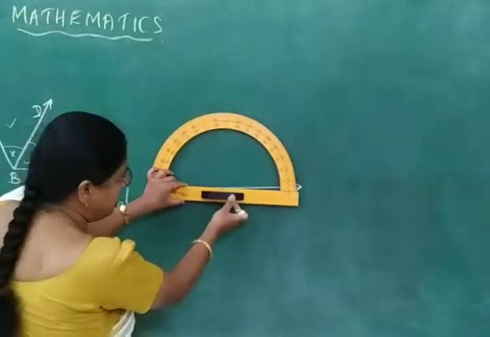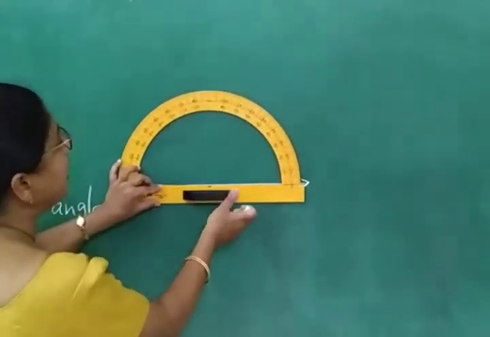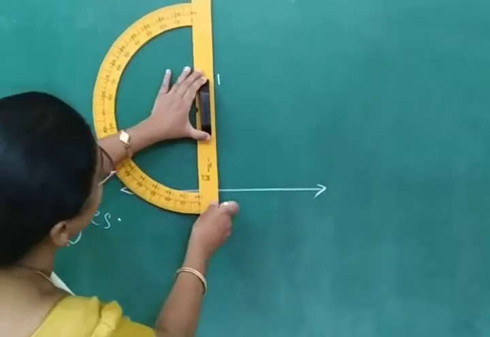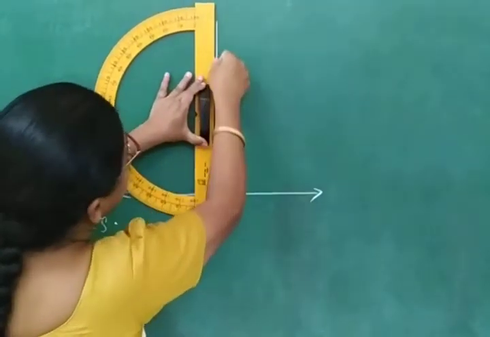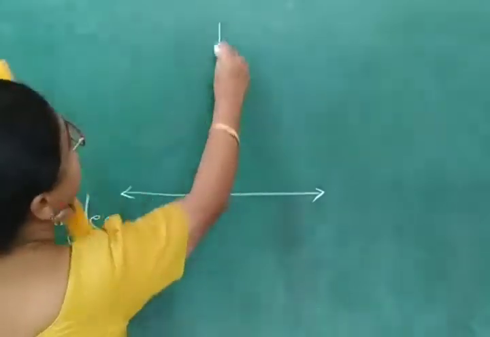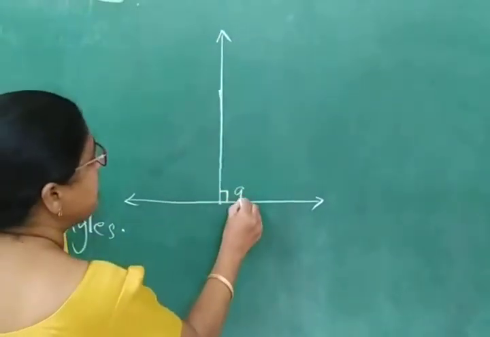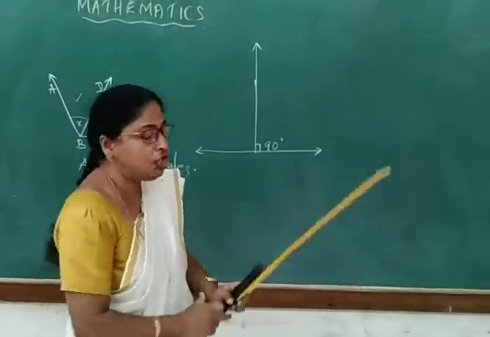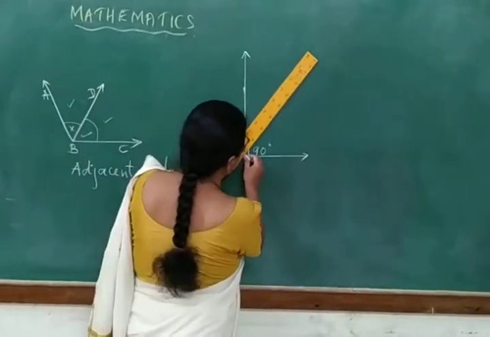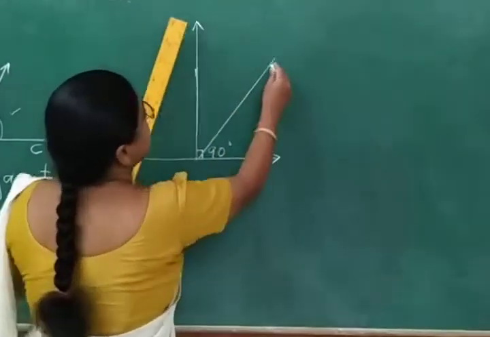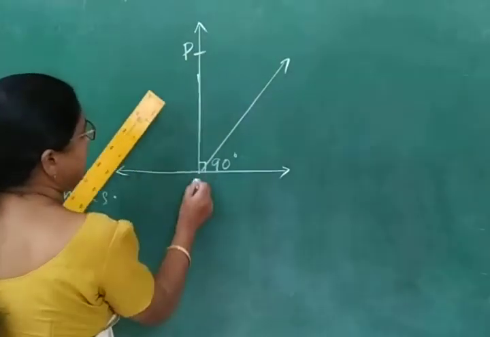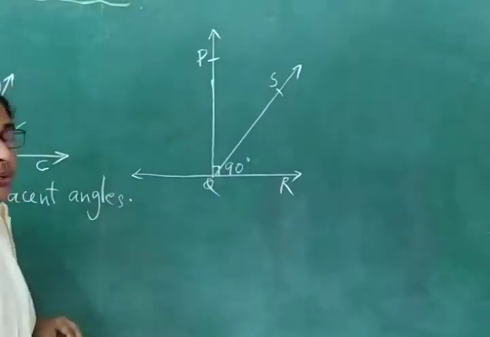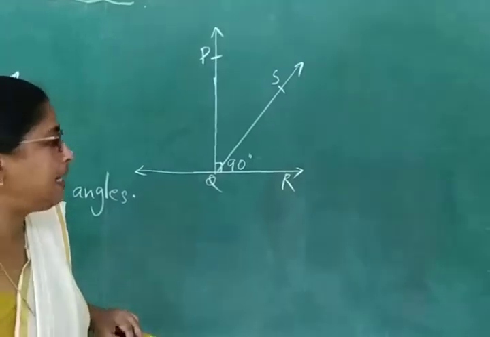Now to get 90 degrees, let us draw. This angle is 90 degrees. If we divide it into two angles, let us give the name PQR, and here the ray QS is the common ray.